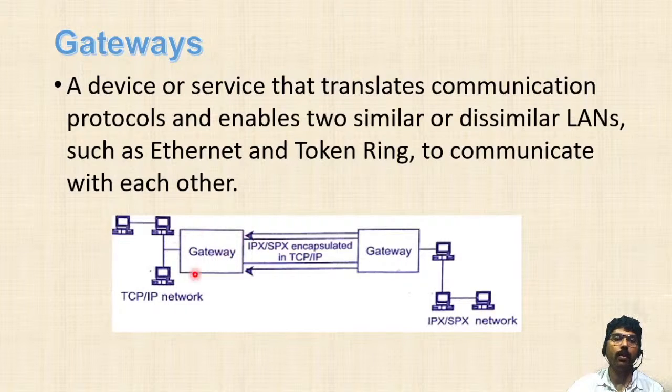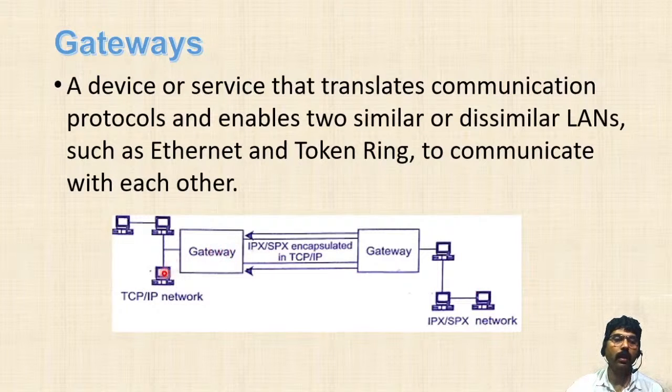Okay, it's one more type of device. What happens if there are two networks having different protocols, and you have to send some data from this computer to this computer? The protocol conversion should be done.